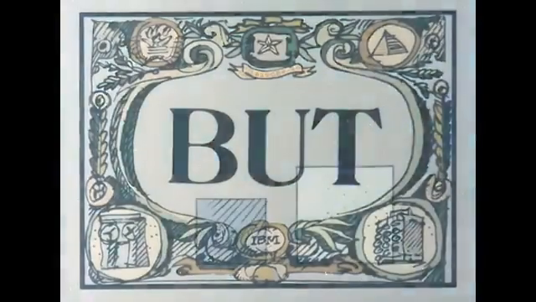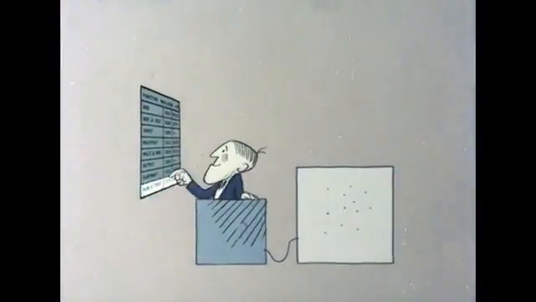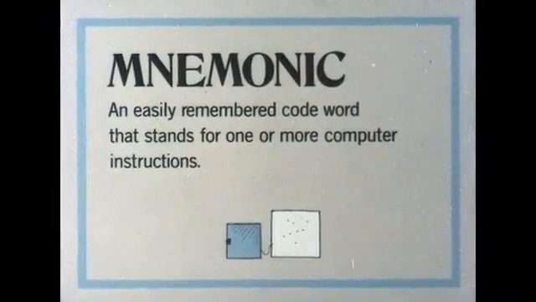But every bit of this information must be turned into the electrical pulses to which the machine responds. Much of the tedium of this process can be eased by use of the mnemonic. An easily remembered code word that stands for one or more computer instructions. A program can be written to translate the mnemonics into machine code.